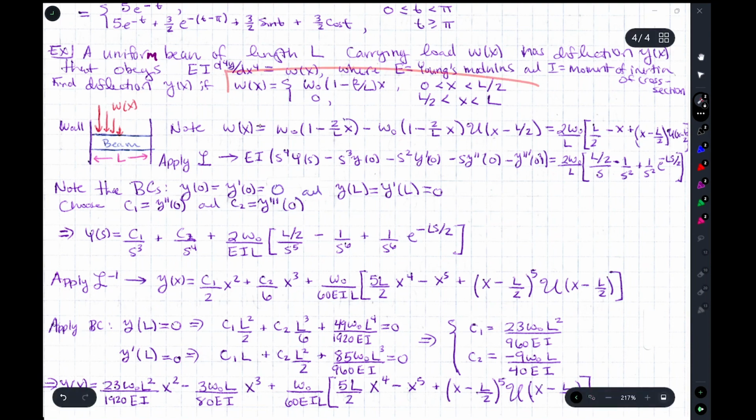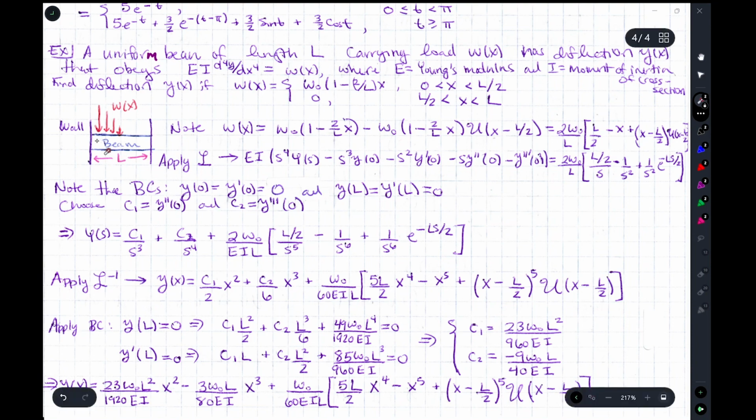And this is a piecewise defined function, so why not solve this using the Laplace transform? We could frame the load in terms of the unit step function. We get this expression here. We apply the Laplace transform, okay? Now, we have boundary conditions here, okay?